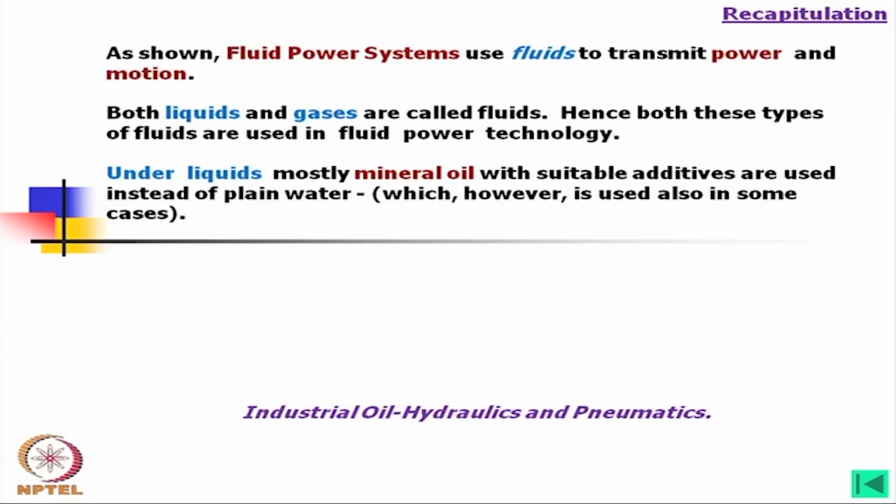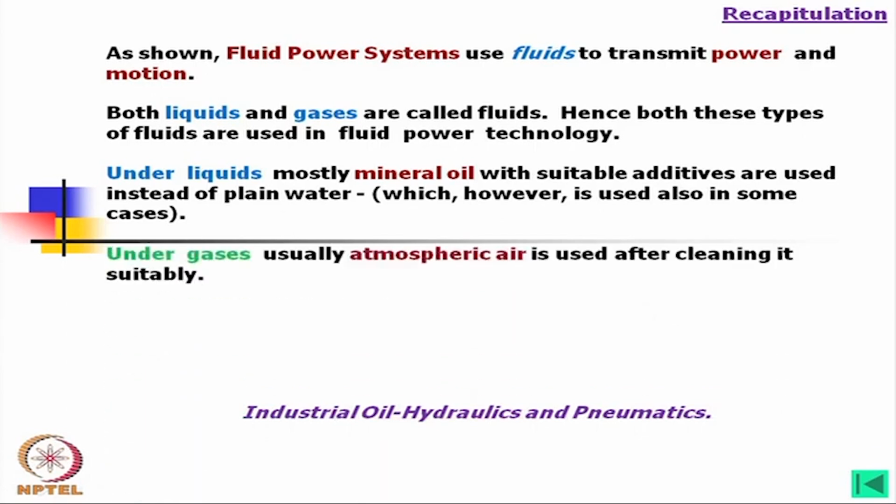Particularly where there is a problem of fire hazards, it is better not to go for mineral oils. So, water is now used. Earlier the problem with water was rust. The additives were not invented or discovered in that way to make the water usable for fluid power systems.